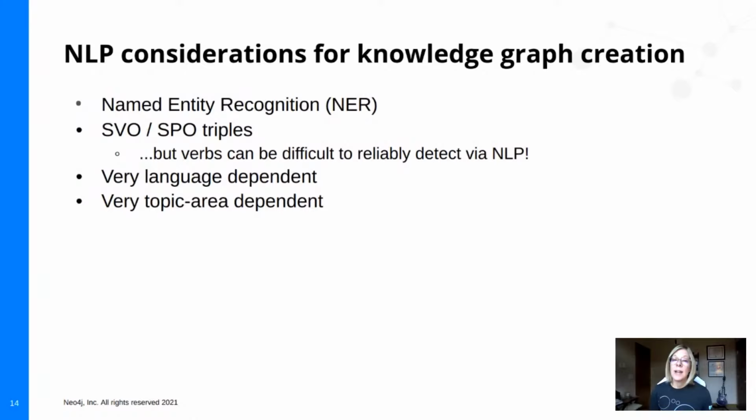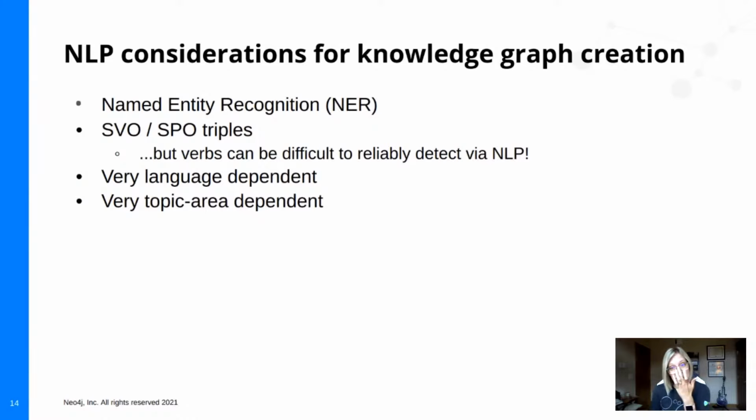But I'm going to warn you right now, as we do this, verbs are really difficult to reliably detect. And you're going to see that at work here. Again, very language dependent and very topic area dependent. If we were doing that previous toy example of the Mona Lisa, those are pretty easy things.